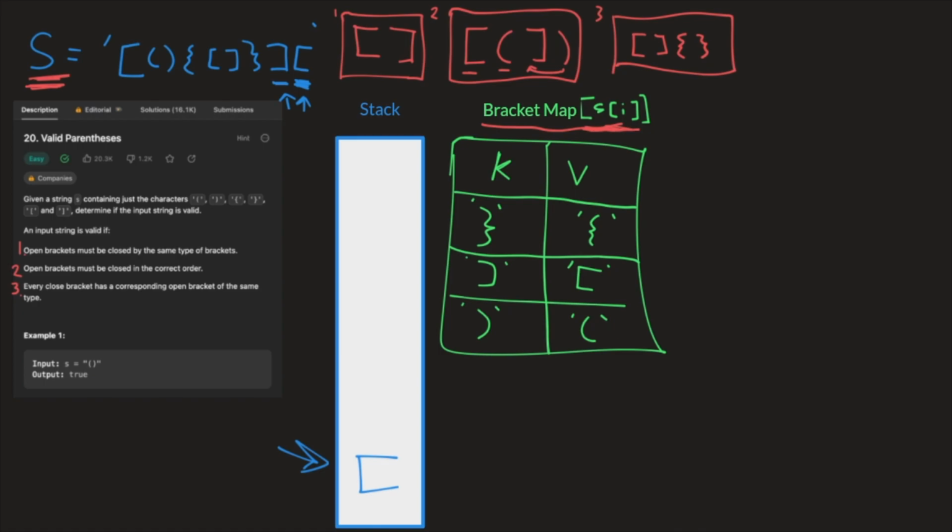Let's take a look at the space-time complexity of this solution. The space here is going to be O of n. The reason for this is that we have two different data structures: a stack and a hash map.